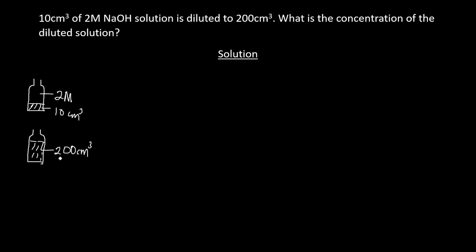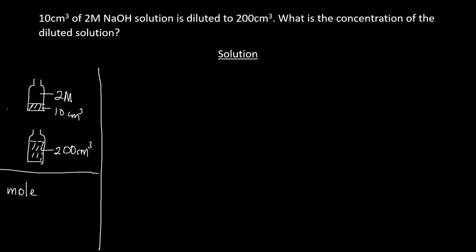So how do we find the concentration of this solution? One thing we would like to keep in mind is that even if a solution is diluted, there is one thing that remains constant. That is the amount of substance found in the solution, which we refer to as the mole.